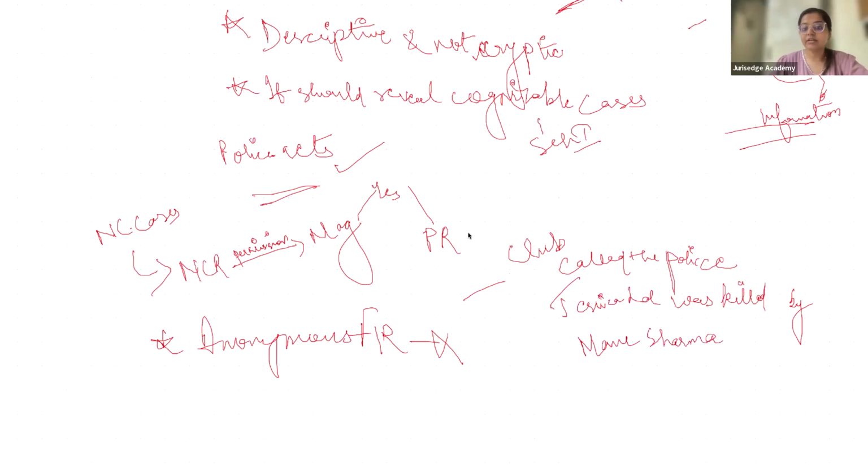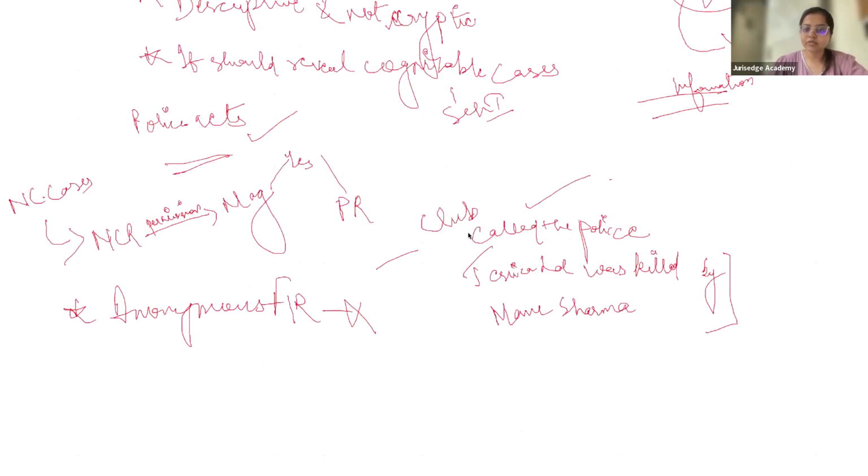This is a reality. A person from the club only called the police to inform this. But he did not mention his name. So he'll not be called as a prosecution witness. And if he'll not be called as a prosecution witness, it will not be an FIR.